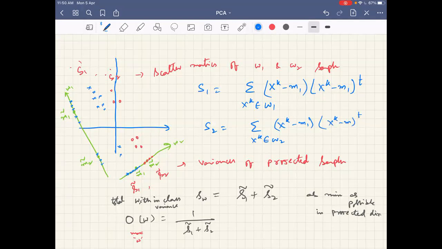Is this fine? Can one of you tell how S1 tilde is defined? It's not very directly clear here. No answer?